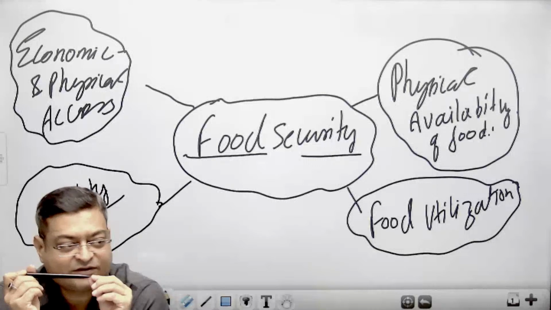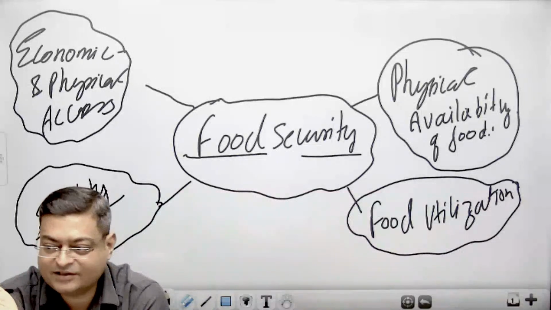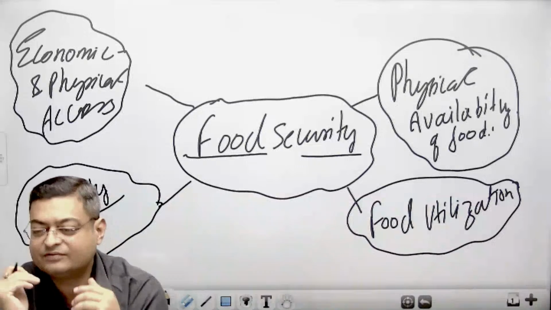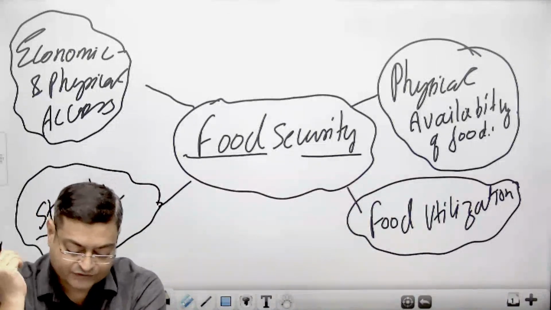See, recently the price of tomato was some 100-120, so people were unable to take that. Third is food utilization.